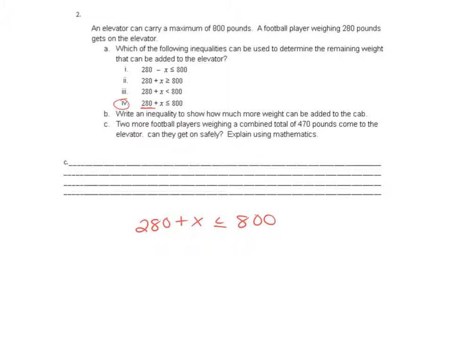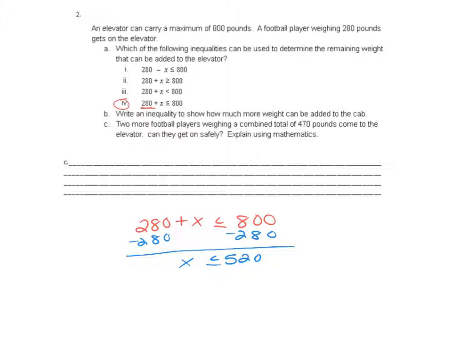Yes, 800 minus 280. Right. I subtract 280 on both sides. And I get 520. So anyone else that gets on the elevator, if their combined weight is 520 or less, then we're good.